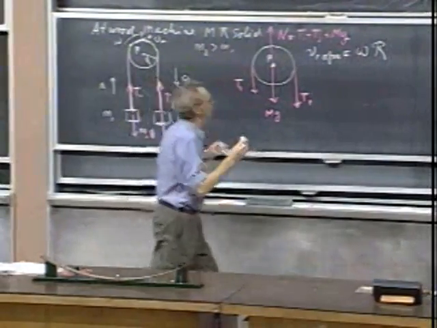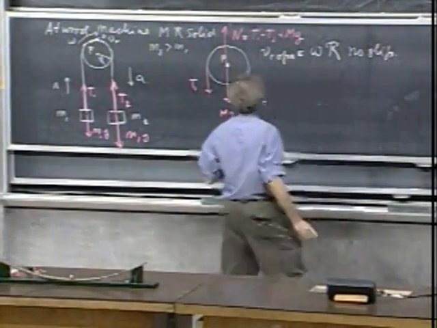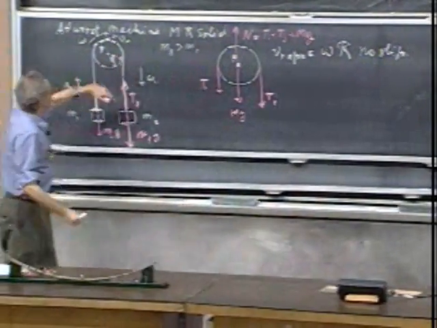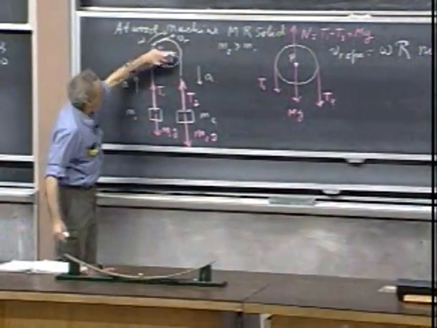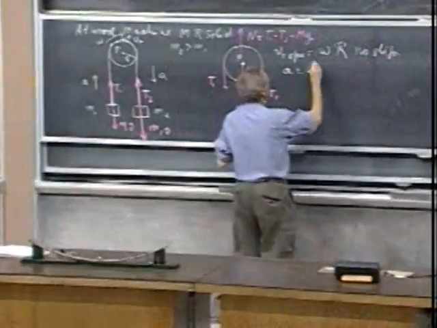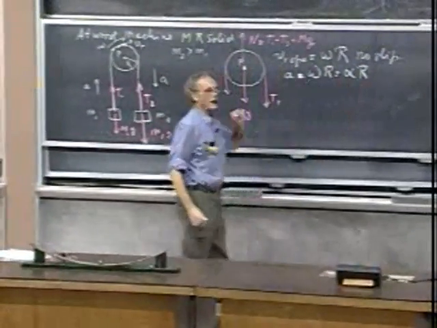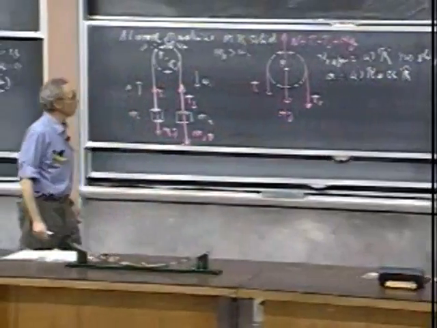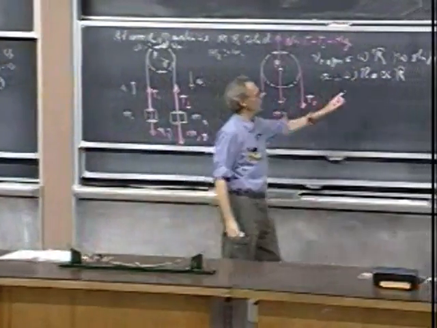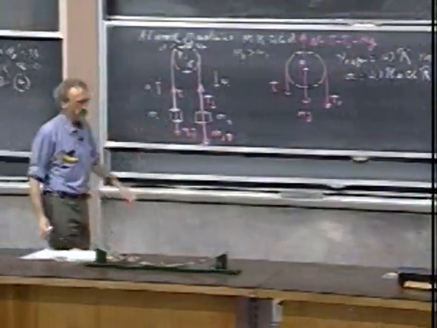That's what no slip means. So the acceleration, which is the derivative of that velocity of the rope, A, is omega dot times R, which is alpha times R. Omega is the angular velocity, and alpha is the angular acceleration. So this is an important condition for no slip.